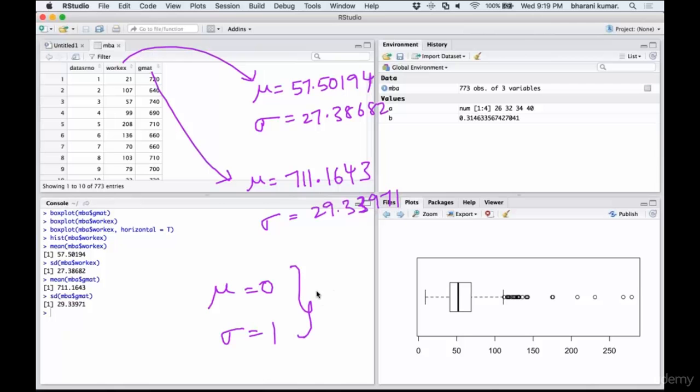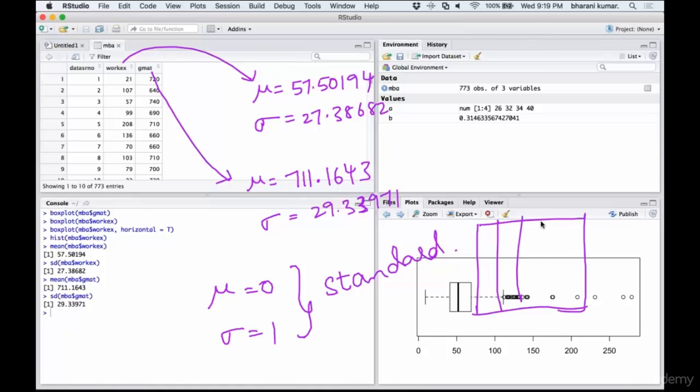What are the advantages if you can represent each and every random variable using standard mean and standard deviation? The advantage is that you can have some kind of standard mathematical tables which will help you do a bunch of analysis.